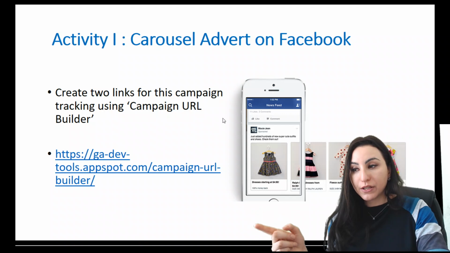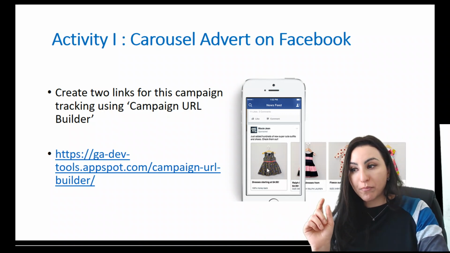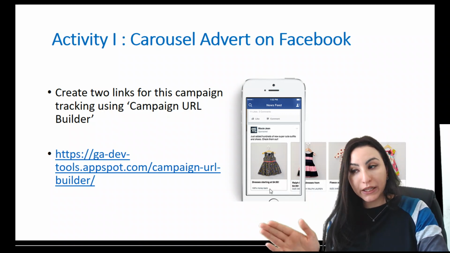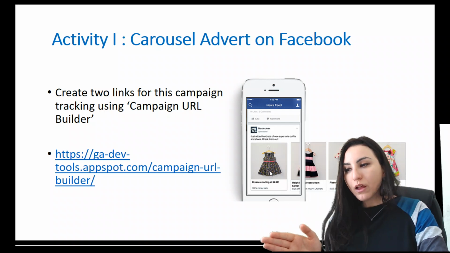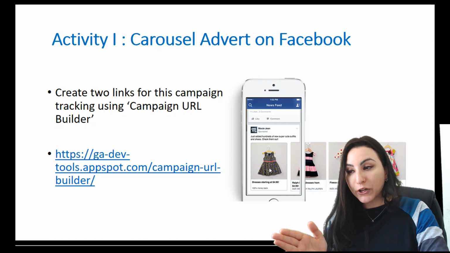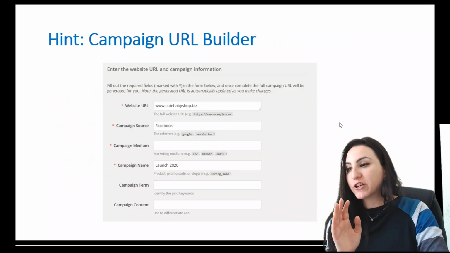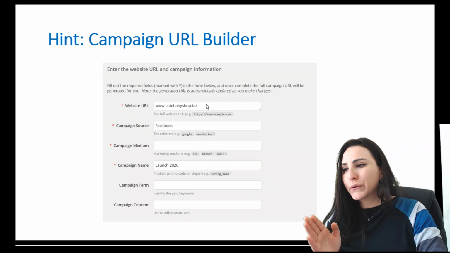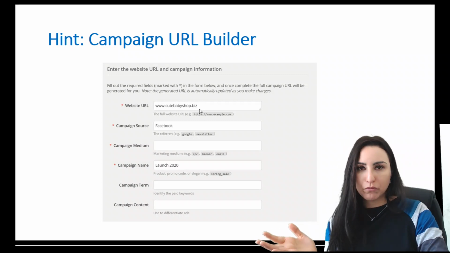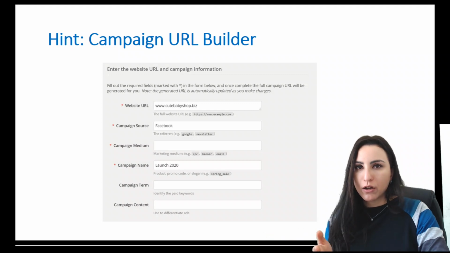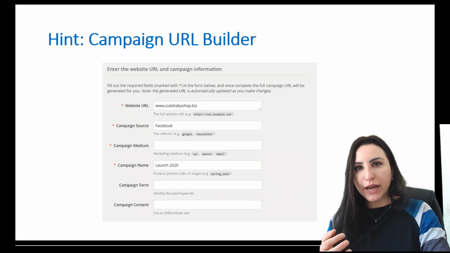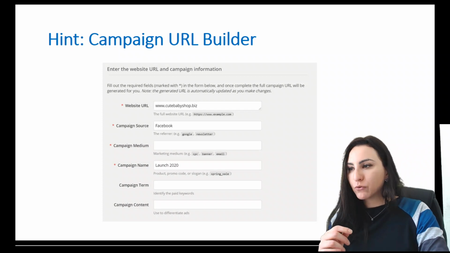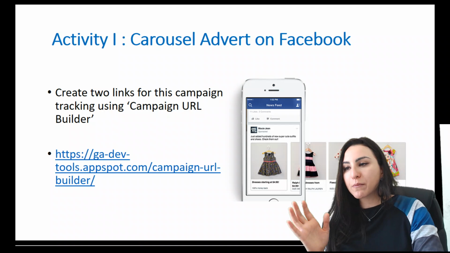If the button I'm clicking belongs to this product, then I should land on that product page. So over here it should look something like slash toddler floral print dress with pink belt, something like that.